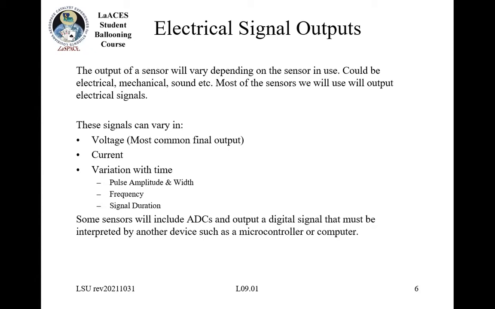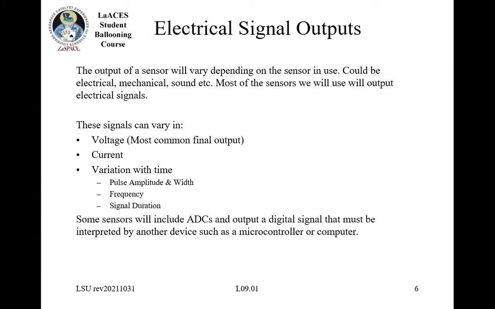The SkeeterSat that you guys used earlier in the semester was outputting a sound signal, right? But for the rest of this course, what we're mainly going to be concerned with is sensors that output electrical signals. The signals can have a few different varying outputs.